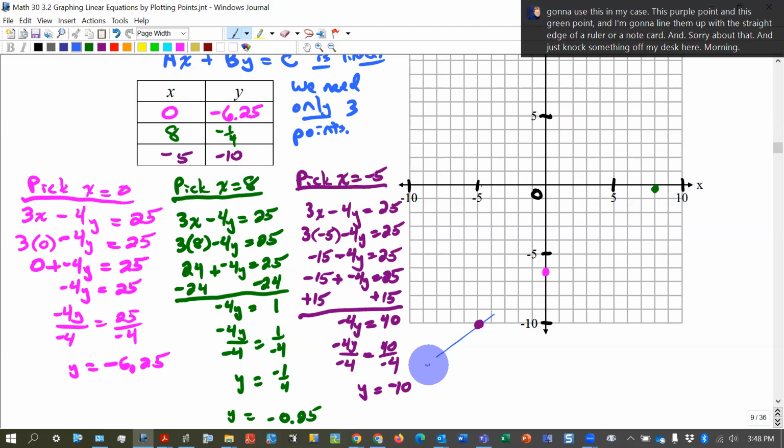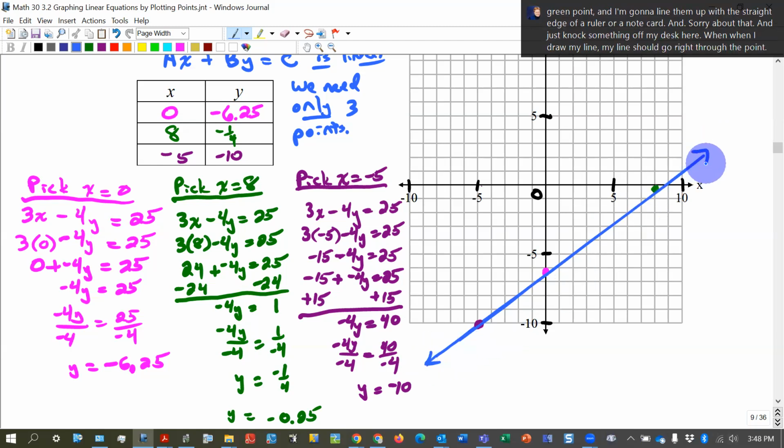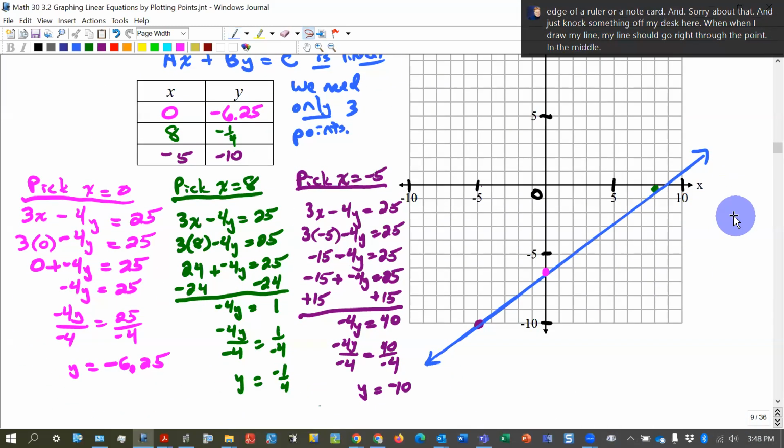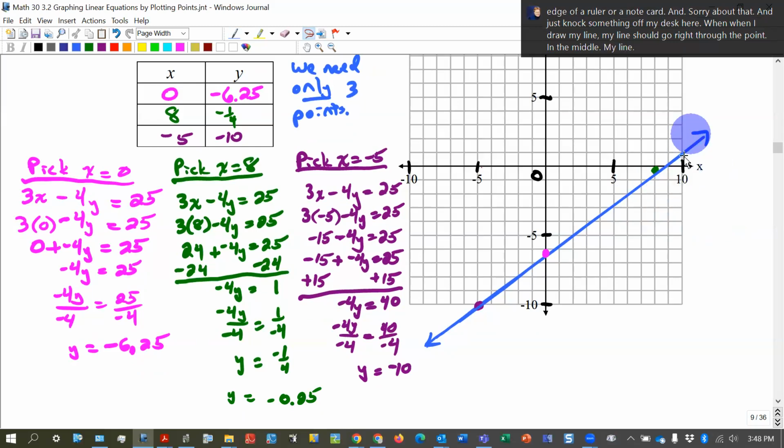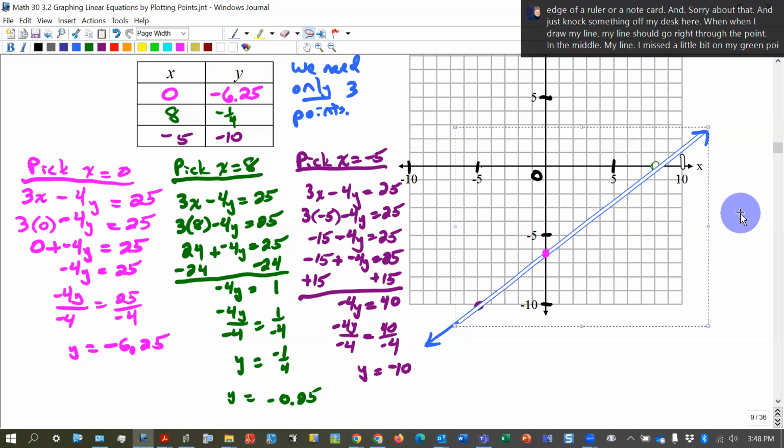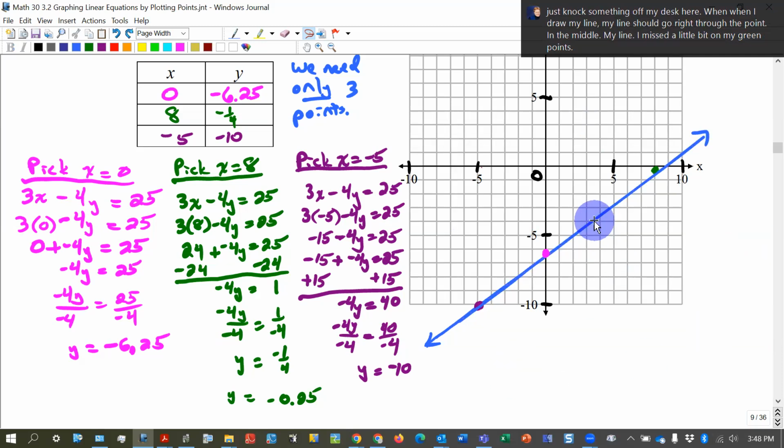When I draw my line, it should go right through the point in the middle. I missed a little bit on my green point. But I think that's close enough.